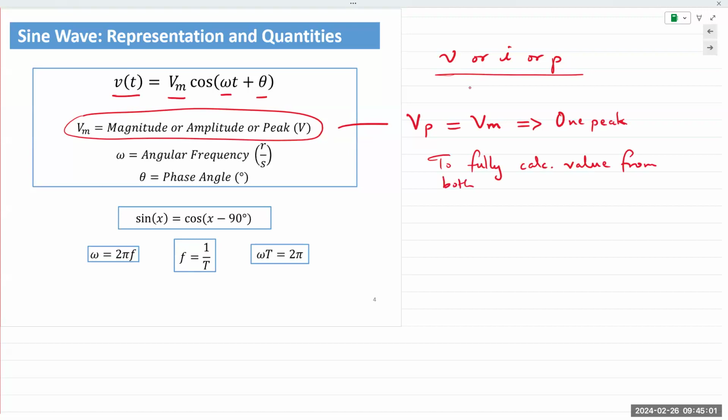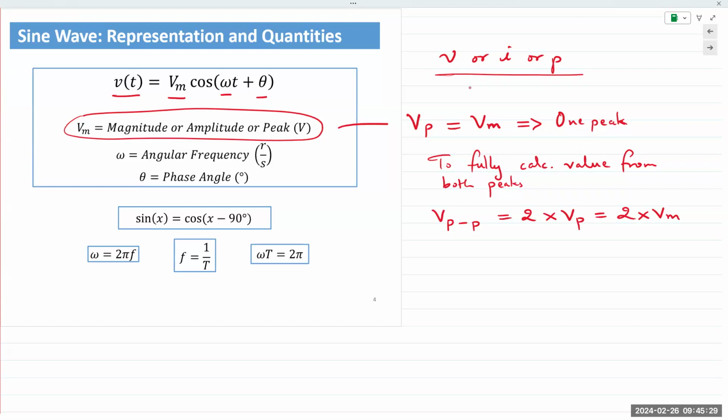If you wish to calculate the value of that waveform from both peaks, you'd multiply it by 2, and that would be referred to as Vp-p, V peak to peak, from the positive peak to the negative peak.